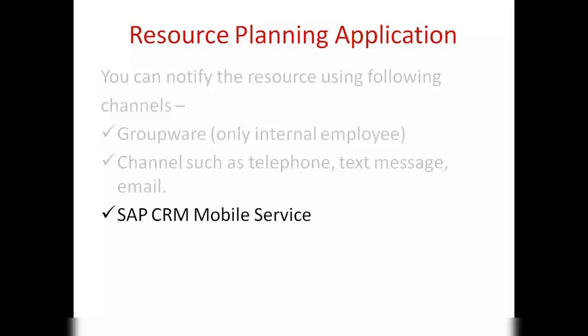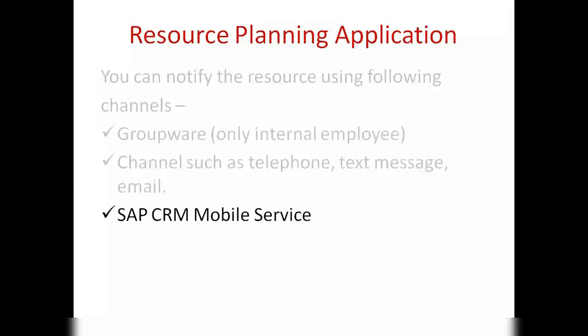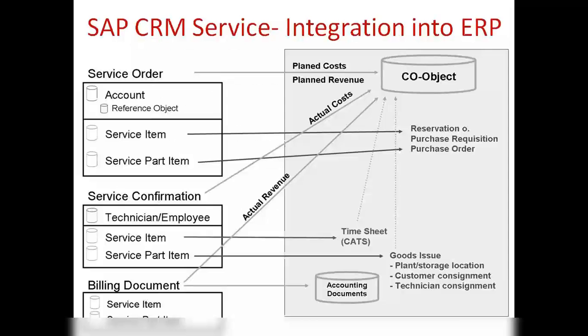They will get a notification to their laptop, which is connected via mobile service, like a calendar entry. Groupware is where they will get an entry in their Lotus Notes or Microsoft Outlook calendar, and the third one is your CRM calendar. So that's how we can notify.